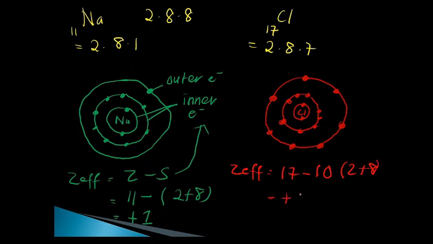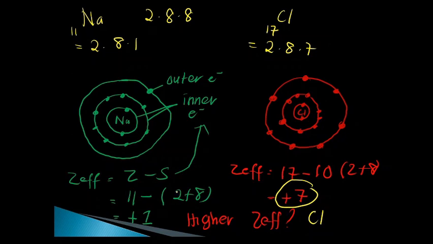So that would be positive 7. Which one has a higher ZEF, sodium or chlorine? Yes, chlorine would have a higher ZEF with a net positive charge of positive 7.